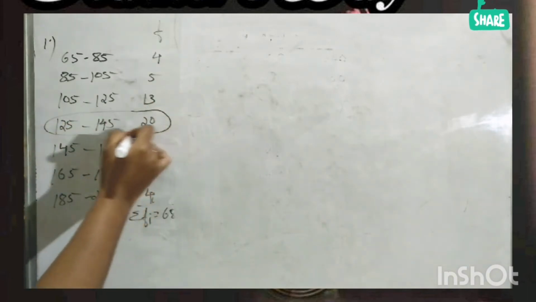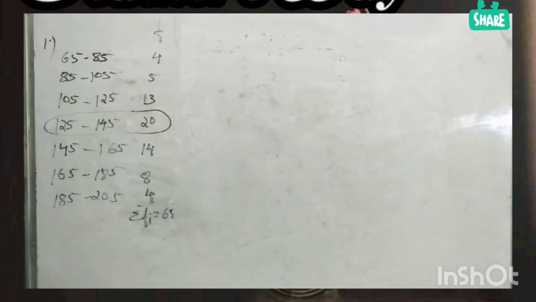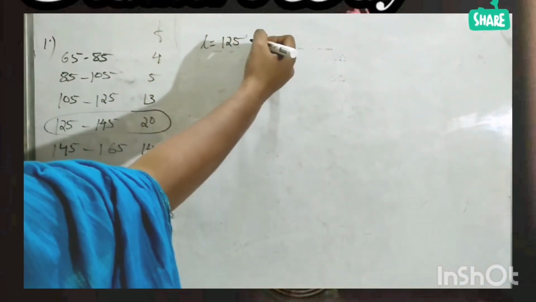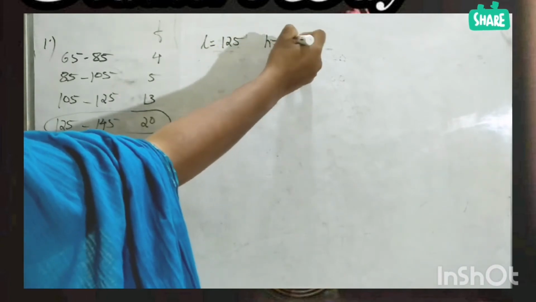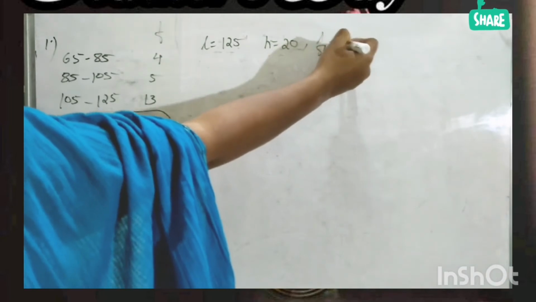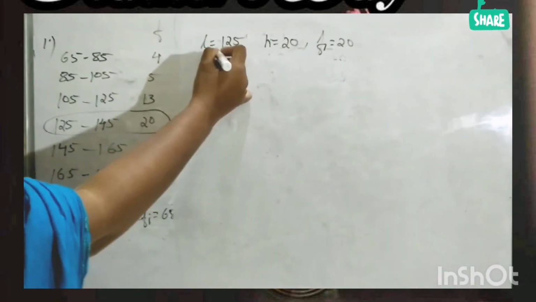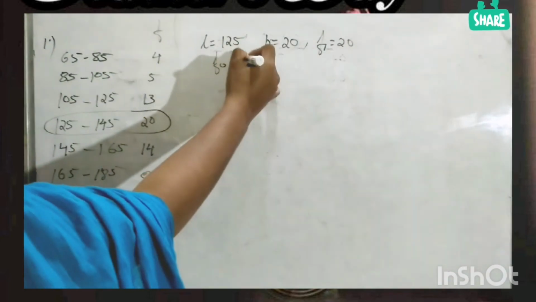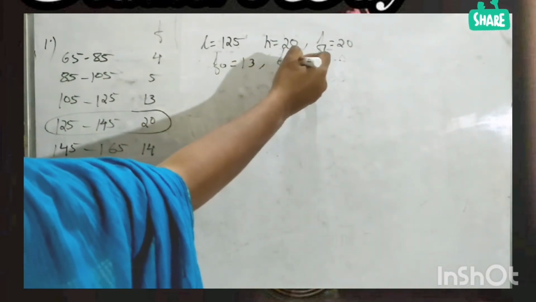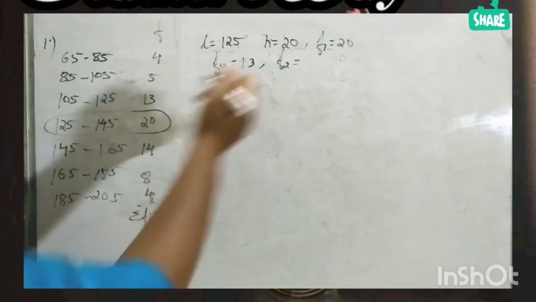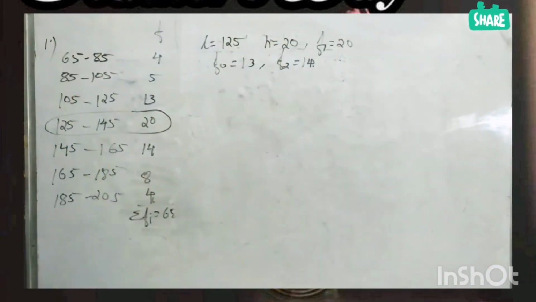Therefore, the modal class is 125 to 145. Now, L is equal to the lower limit of the modal class. H is equal to class size 20, and F1 is the frequency of the modal class, and F0 the frequency of the class which is preceding the modal class, that is 13. And F2 is the frequency of the class which is succeeding the modal class, that is 14.